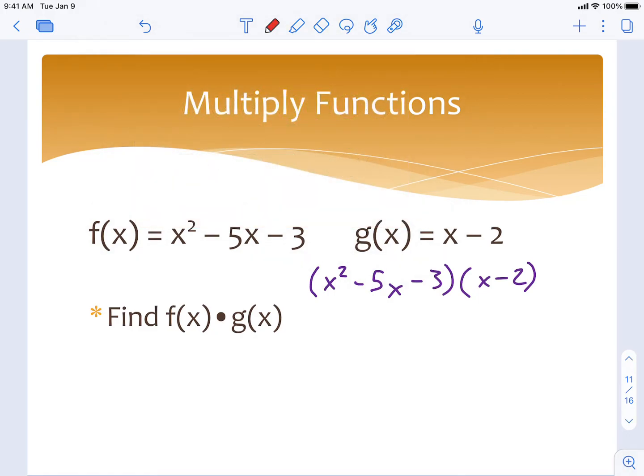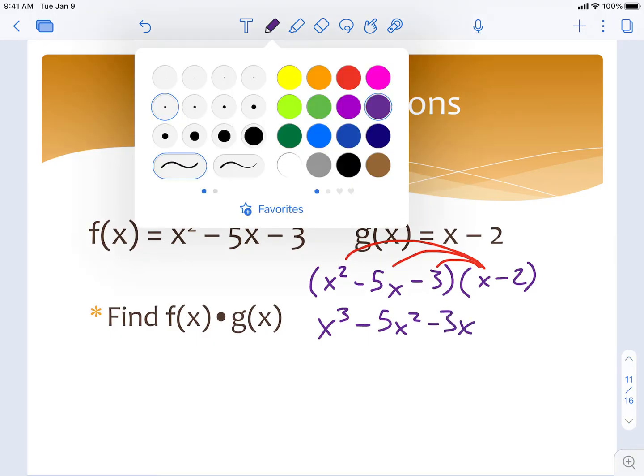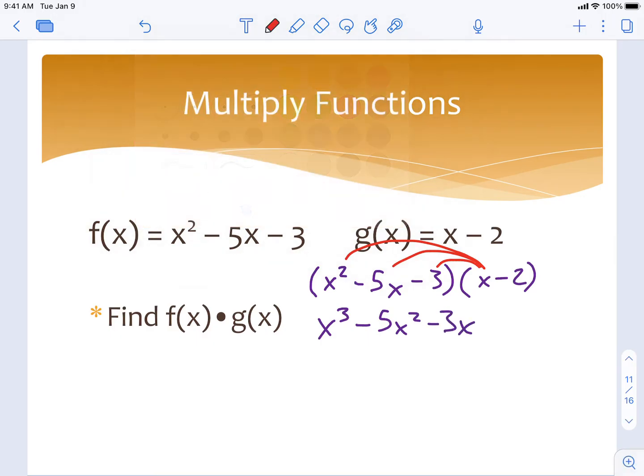I can take this x minus 2 and I can start by distributing the x backwards into that parenthesis, and that gives us x cubed minus 5x squared minus 3x. And then I'll take that negative 2 and I'll do the same thing. I'll distribute that to all three terms. And that's going to give us minus 2x squared plus 10x and plus 6.